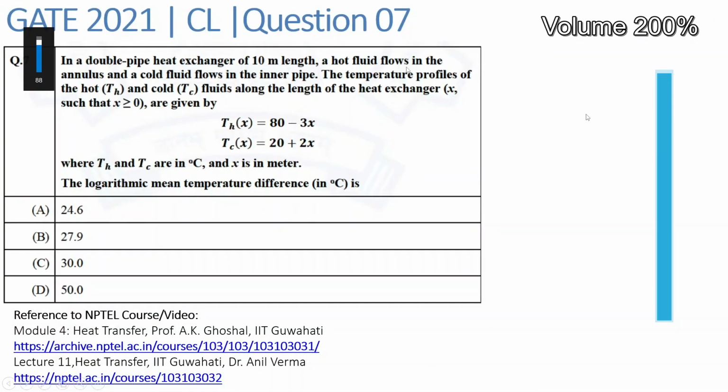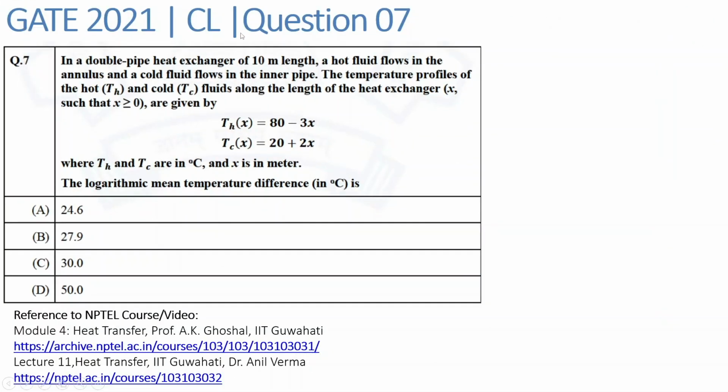We will be solving question number 7 of the GATE chemical engineering paper, and the subject is related to heat transfer. The question is, in a double pipe heat exchanger of 10 meter length, a hot fluid flows in the annulus and a cold fluid flows in the inner pipe.